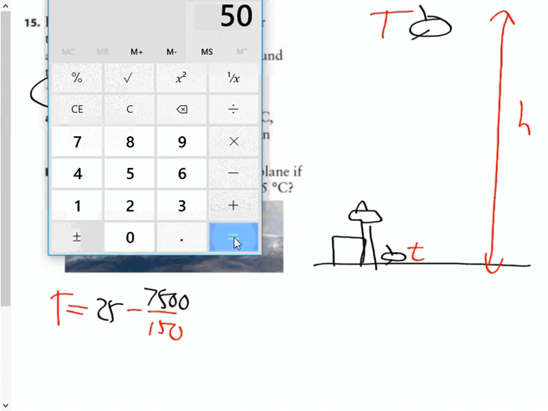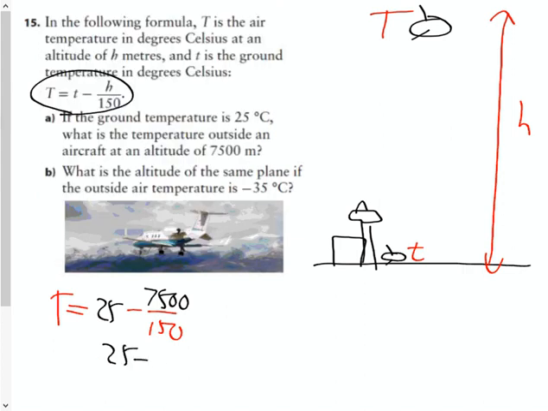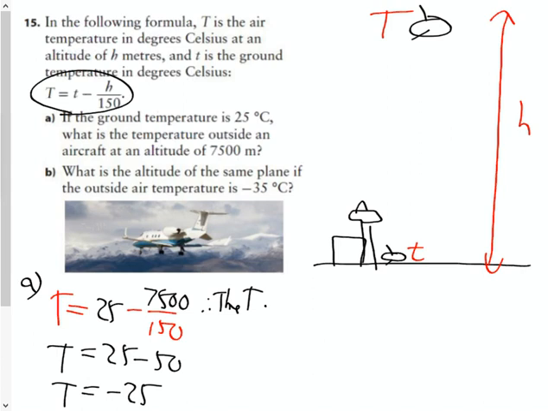So 25 take away 50 is the outside temperature. 25 take away 50 is not 25, it's negative 25. So for A, therefore, the temperature outside the plane is negative 25 degrees Celsius. Okay, that's for A.